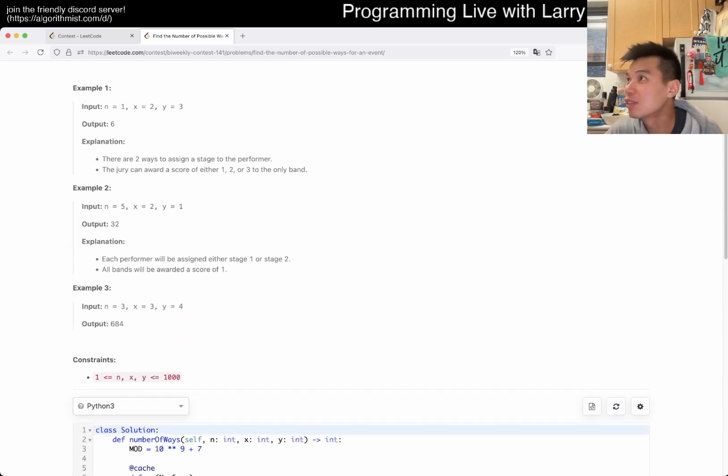Okay, so each person can be in one of the stages, but then we have to count the number of groups. So that's the problem, right? So 3 to the 3, what's 3 to the 3? 27 times 4. Really?